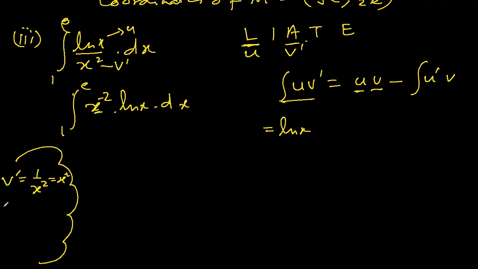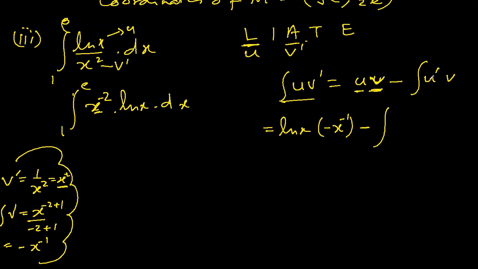So what will be the integration of v prime? v, and that's what we want. So it will be the integration of x to the power minus 2, so x to the power minus 2 plus 1 over minus 2 plus 1, which will be minus x to the power minus 1. So minus x to the power minus 1 is v.